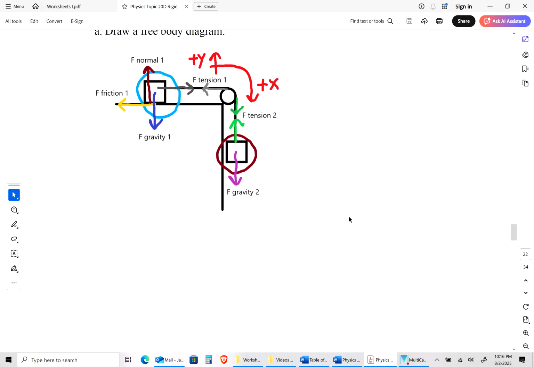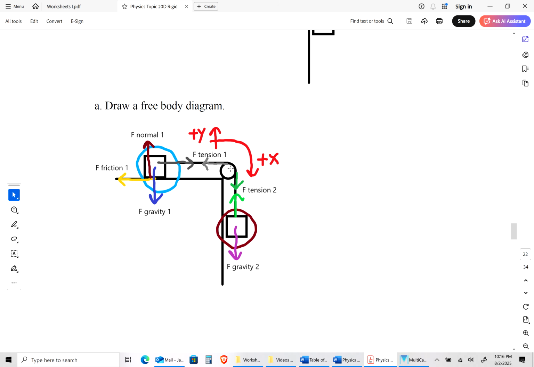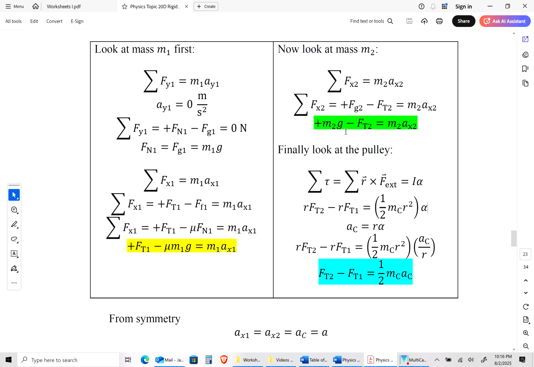So the radius of this cylinder times force tension 2, that's R F, that's torque, minus the radius of the cylinder times force tension 1, that's equal to I alpha. So we could simplify to get this equation in blue.